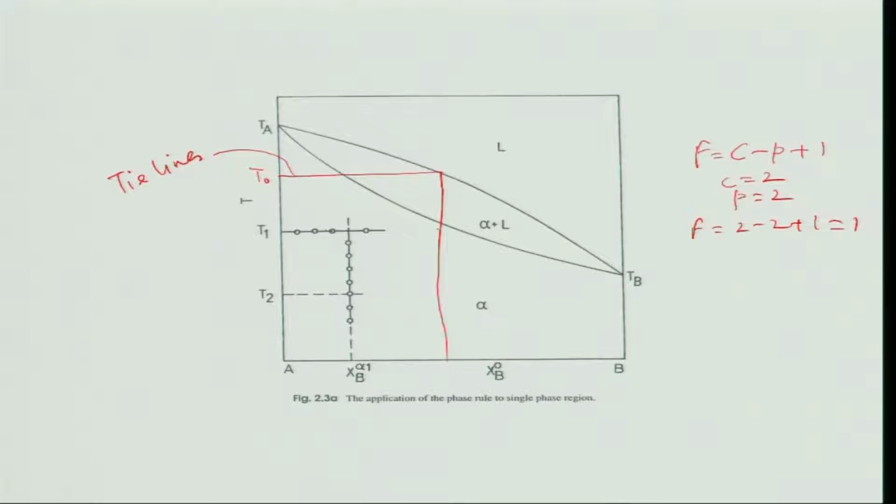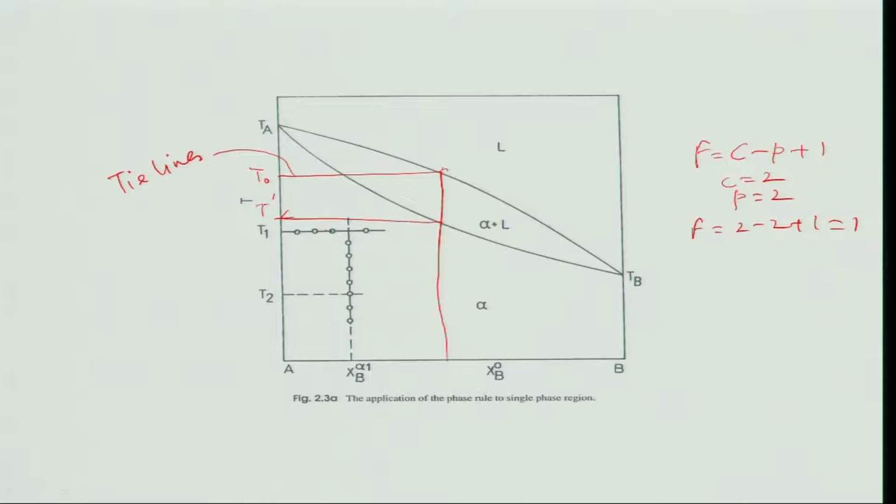Why? Because this composition will start melting at temperature T dash, and it ends melting at T0, because that is the liquidus, this is the solidus dash. Below solidus dash everything is solid, above liquidus dash everything is liquid. So in between only the solid and liquid region is present.